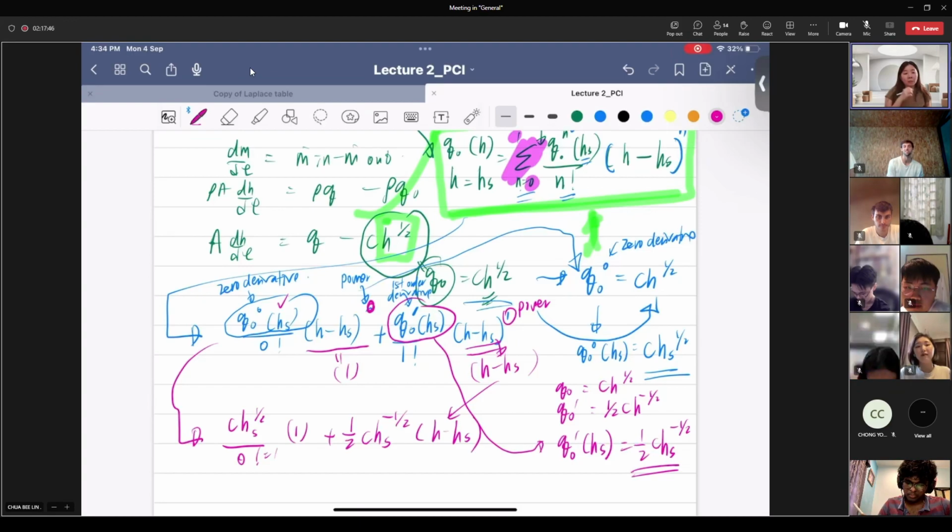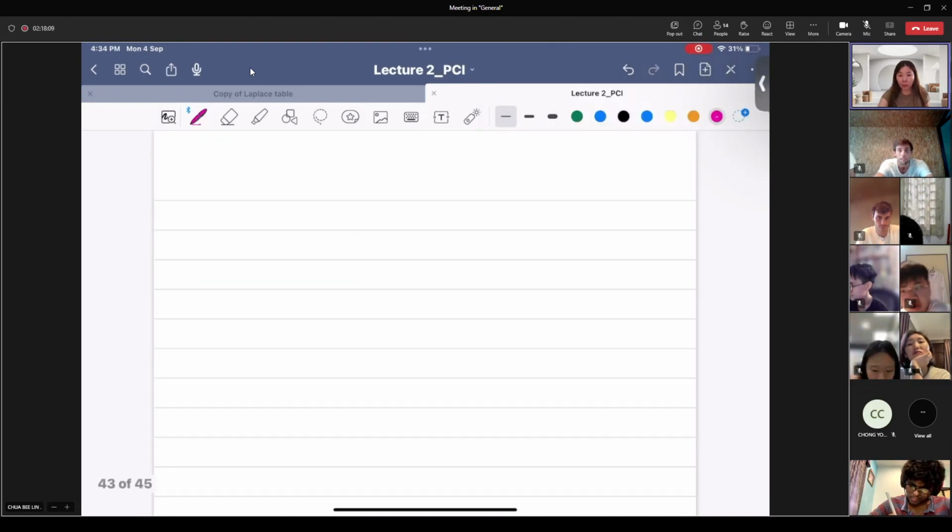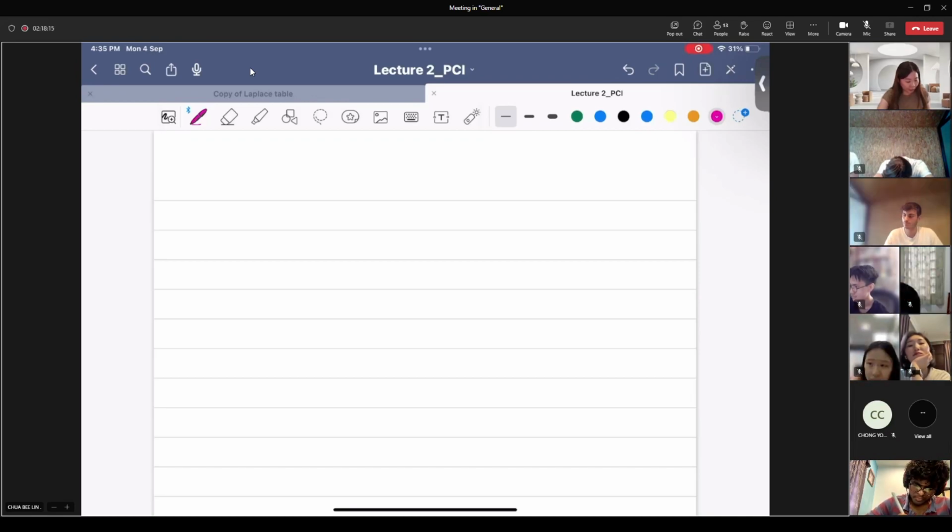So this is the Taylor series expansion. Why we need to apply it here is to change this h power 1/2 to h power 1. Therefore, you have to utilize the Taylor series expansion. So when you have this already, then you continue. Okay, the ones who need to leave early, you may leave. You can refer to the recording later. Okay, then you will substitute into the equation.